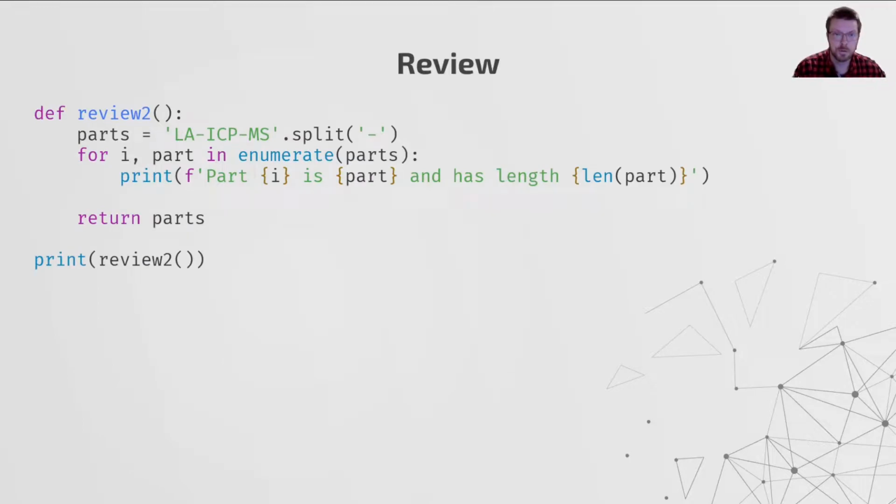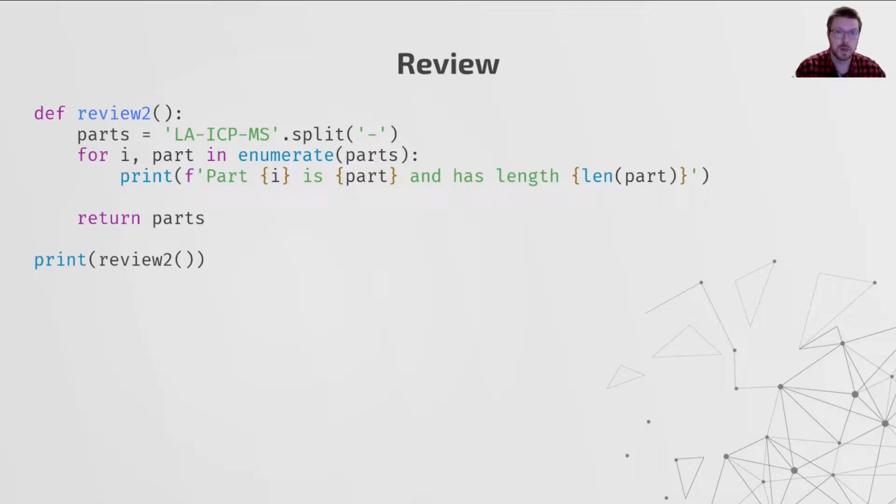Here is another review function to test your knowledge of Python basics. Again, we print the return value of our function, in this case called review2. When the function is called, parts will be a list of strings containing 3 items, LA, ICP, and MS, because we are splitting the entire string based on a hyphen. When we use enumerate in a for loop like this, we will get each part but also the corresponding index as i.